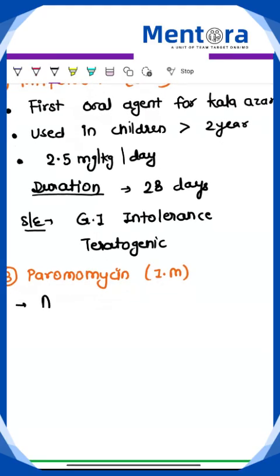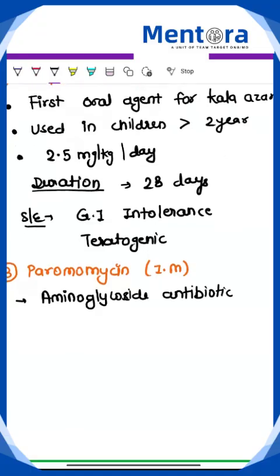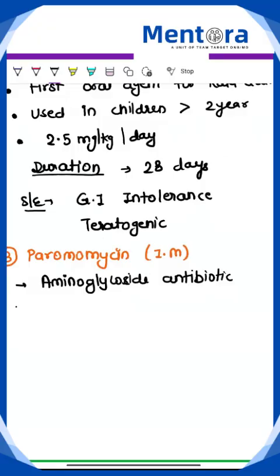Paromomycin is an aminoglycoside antibiotic. It is given as daily IM injections for 21 days.